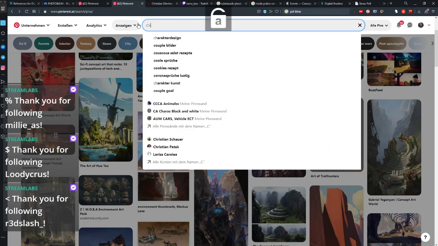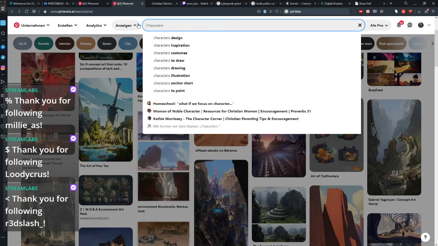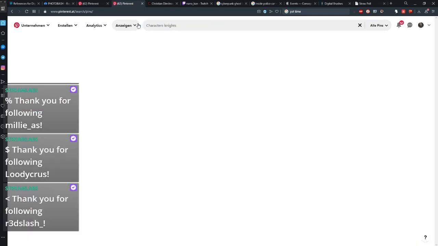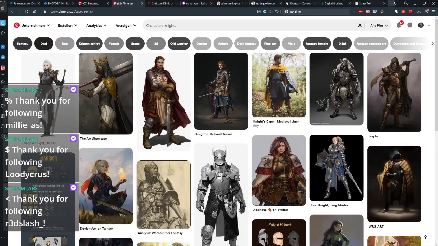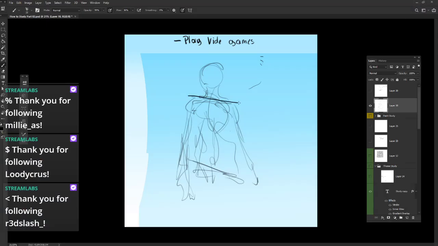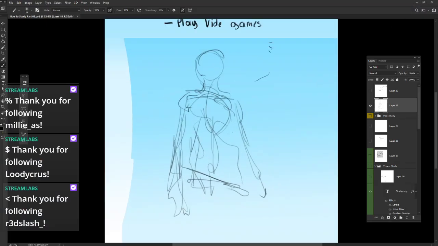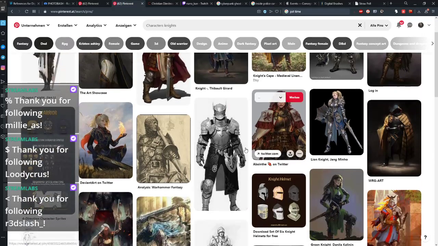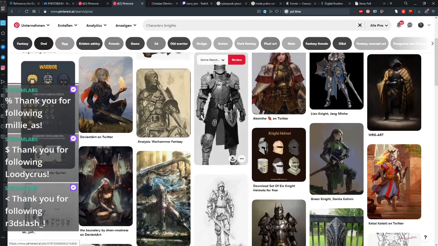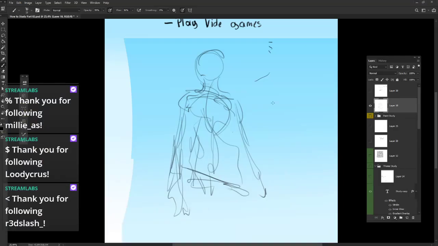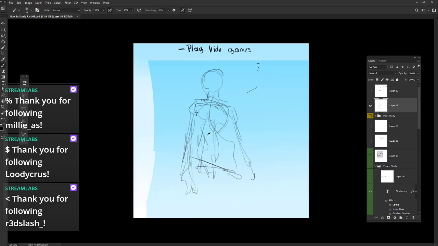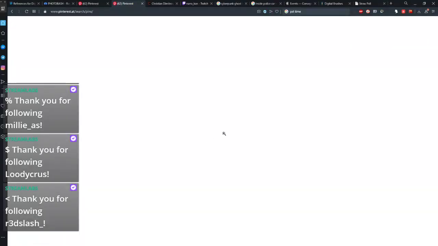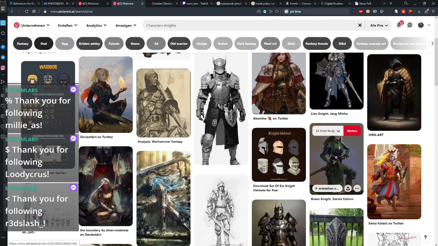So I want to inspire myself with characters. I want some knights to do. Okay. I know for a fact that's a knight. It looks like, for me, a knight or whatsoever, based on my taste. I love this pose. Okay, I can use that pose. That fixes the solution, at least for my pose.